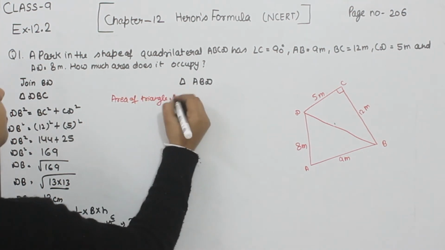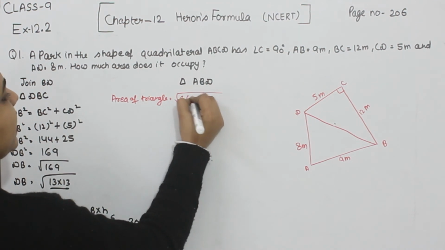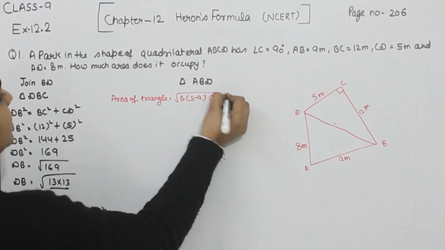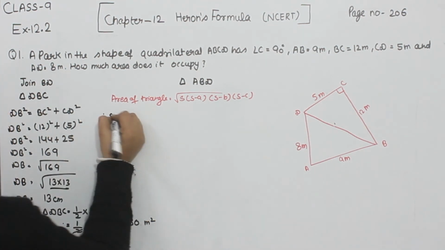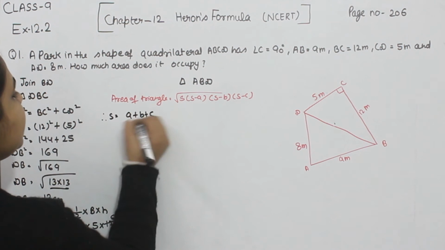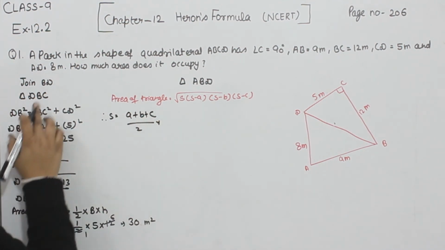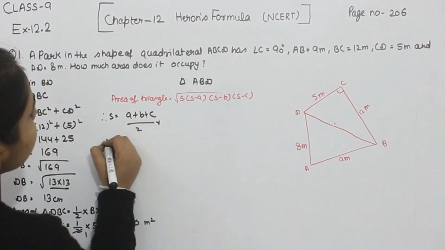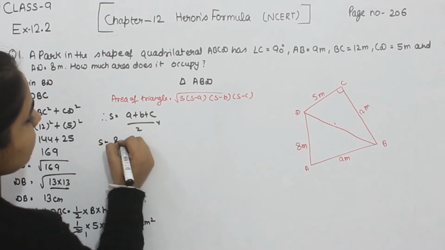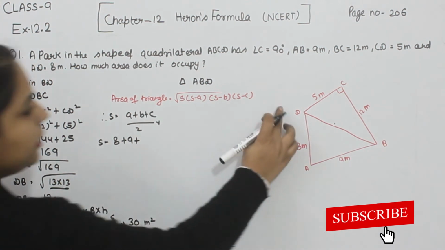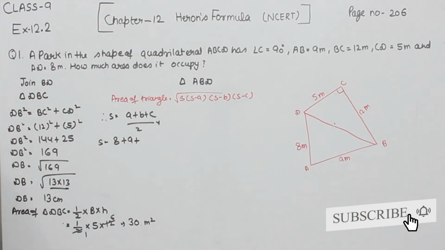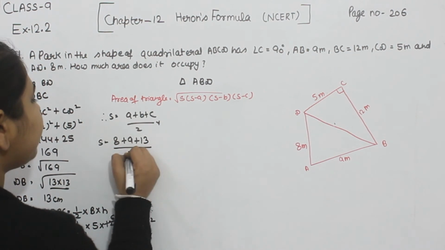So the area of the triangle is root of S into S minus A, S minus B and S minus C. Now for the formula we will find out the value of S. So S is equal to A plus B plus C divided by 2. Now A we are having as 8 plus B we have 9 and C is the DB we are having, this one 13 meter, divided by 2.